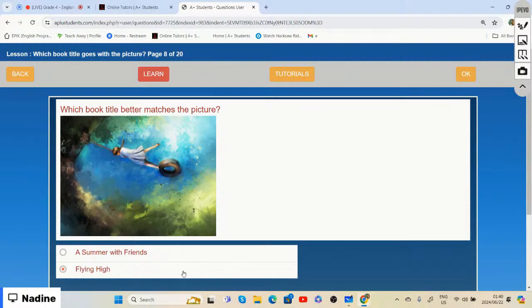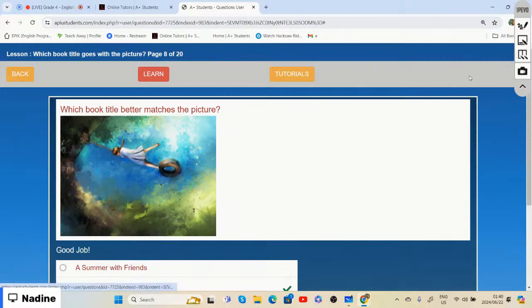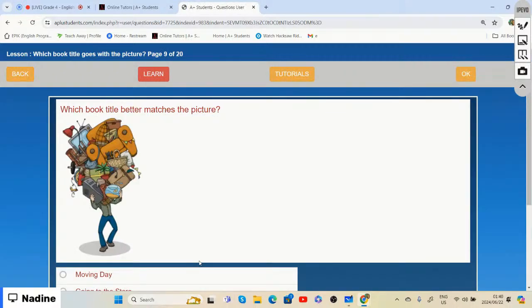So I assume that she's imagining that she is flying quite high, because remember, whatever we imagine, it will look and seem as if it's a reality when it comes to our imagination. So Flying High. Option two is correct. So well done. Flying High is correct.